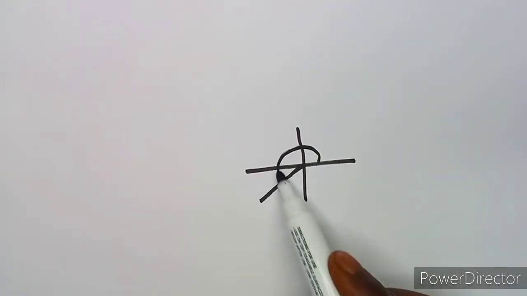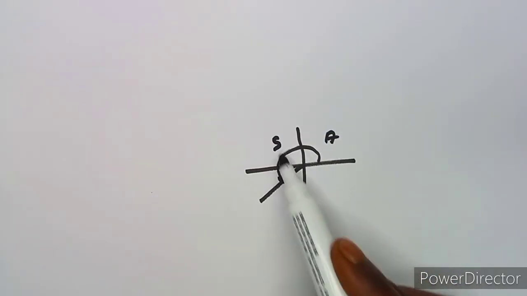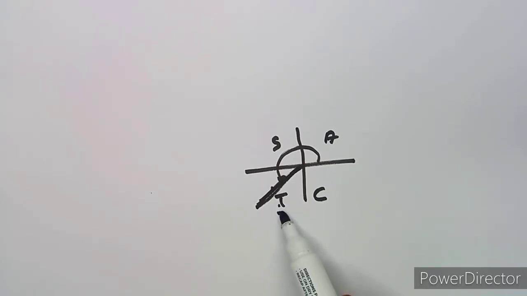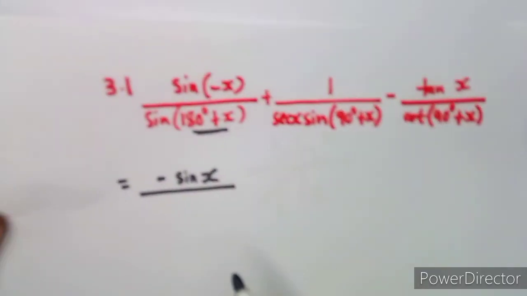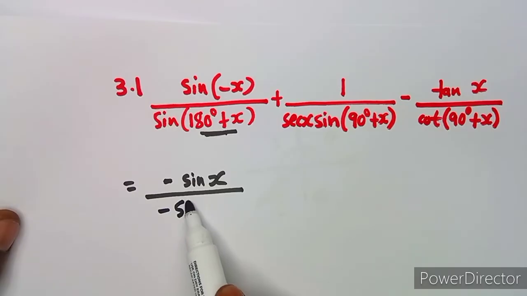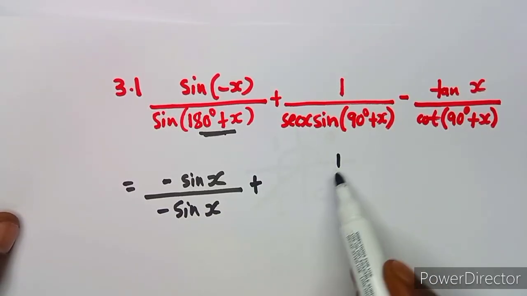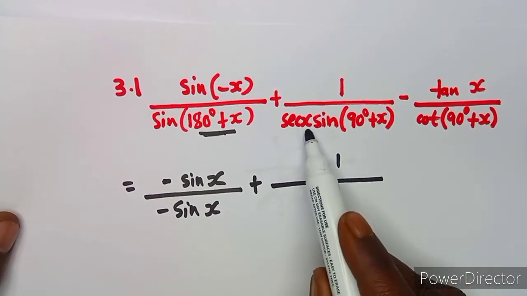This is 180 plus x, which is the third quadrant. Remember, All Students Take Calculus, and this is for tan, which means sine is negative in that quadrant, plus 1 over sec x.